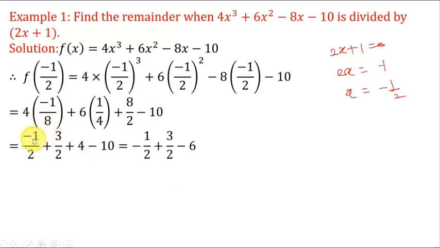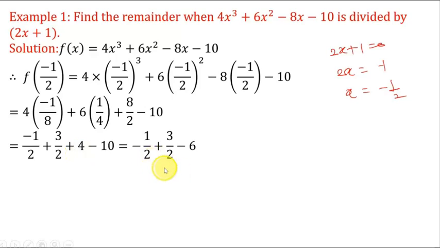Next simplification: 4 into minus 1 upon 8 means minus 1 upon 2. Next, 6 upon 4, if you simplify it, you will get 3 by 2. 8 upon 2 means 4, minus 10. 4 minus 10 is minus 6.